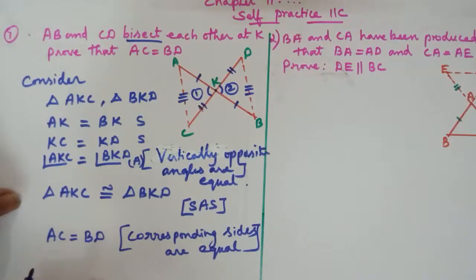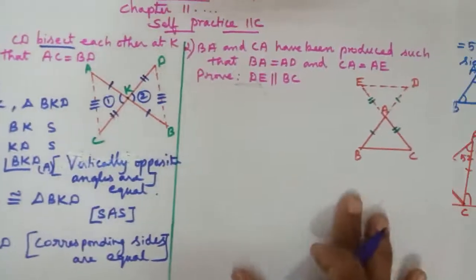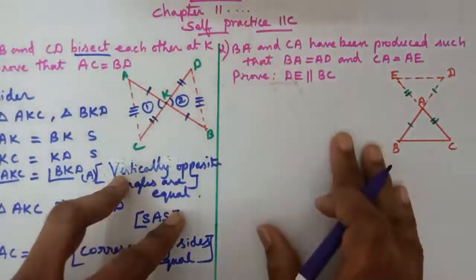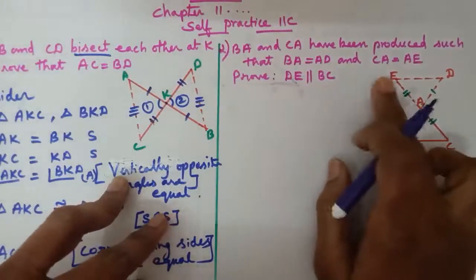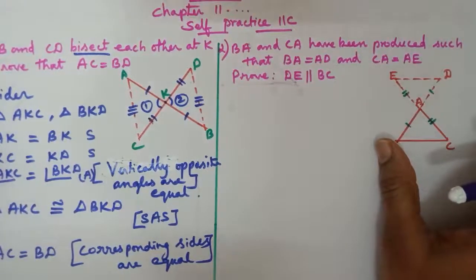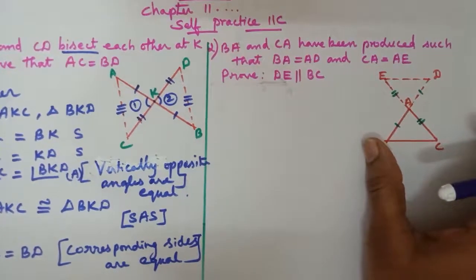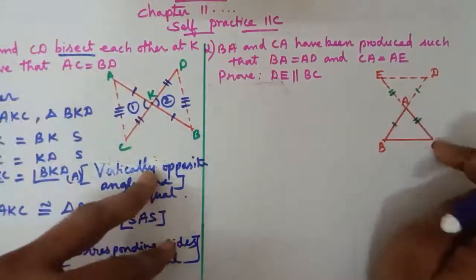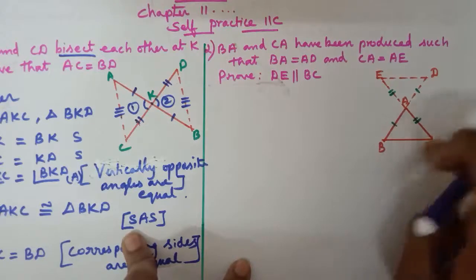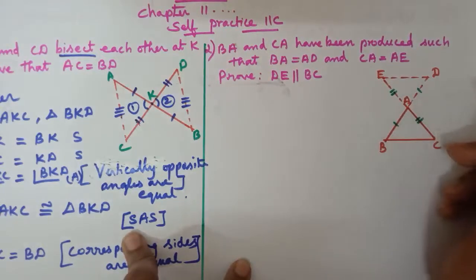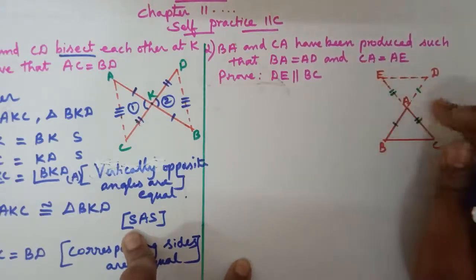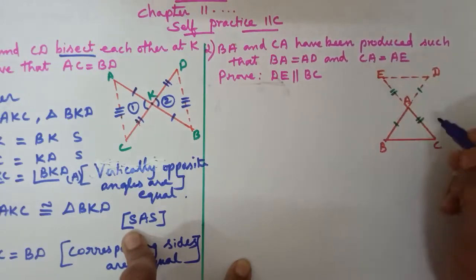Is it clear? Okay, let's move to second question. BA and CA have been produced such that BA equal to AD and CA equal to AE. Prove DE is parallel to BC. Students listen, here ABC is a triangle.